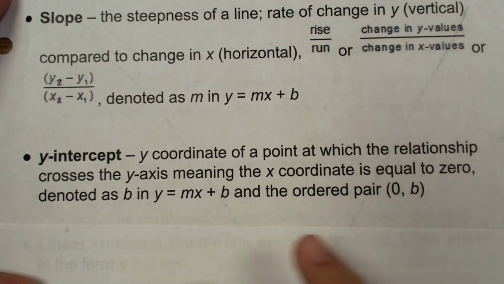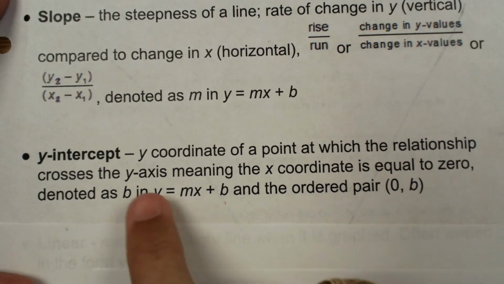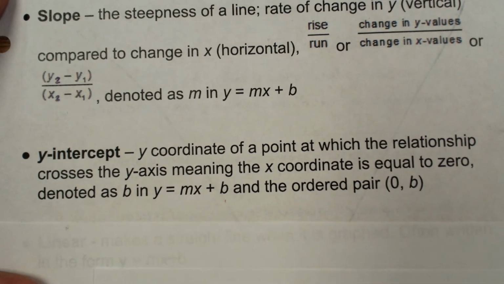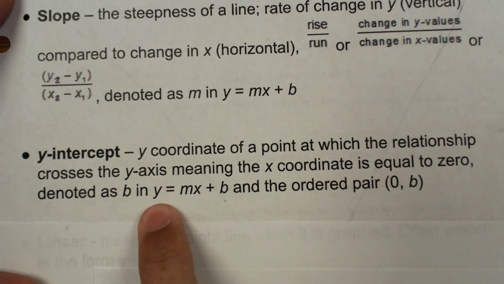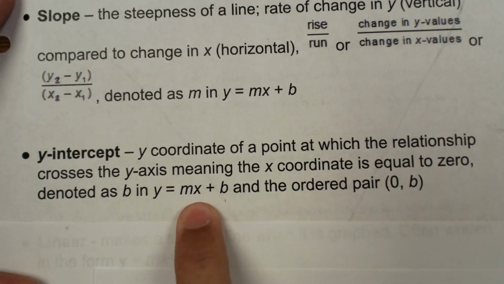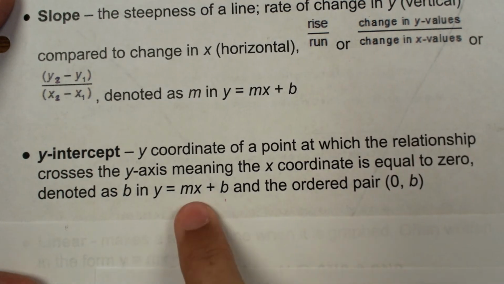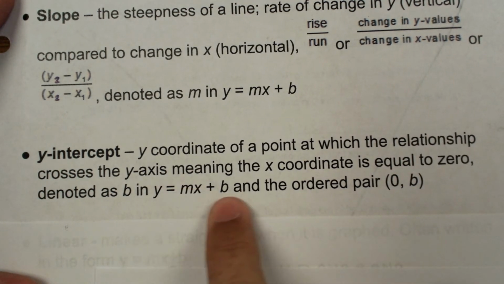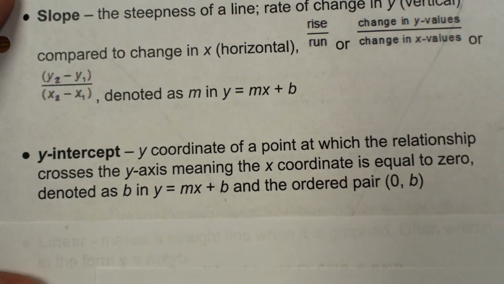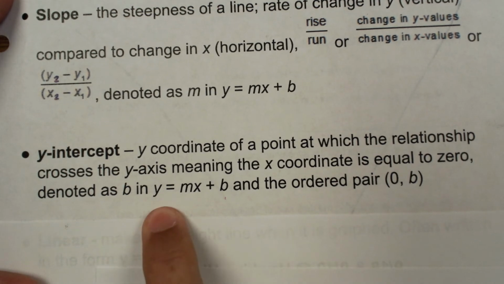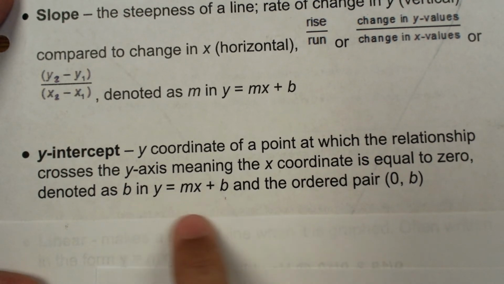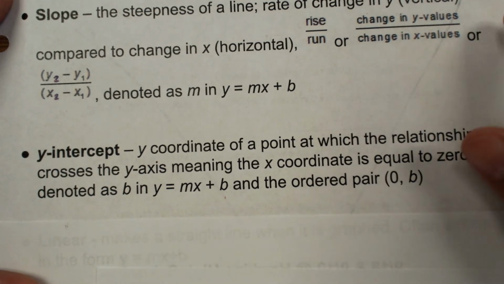They will always either give you the y or the x and ask you to find the other one. Your y is just your y-coordinate, your x is just your x-coordinate. If they give you the x, you plug it in for x, solve the equation, and you get y. If they give you the y, then you plug in for y and do the steps we've been going over for the past few weeks to find your x.